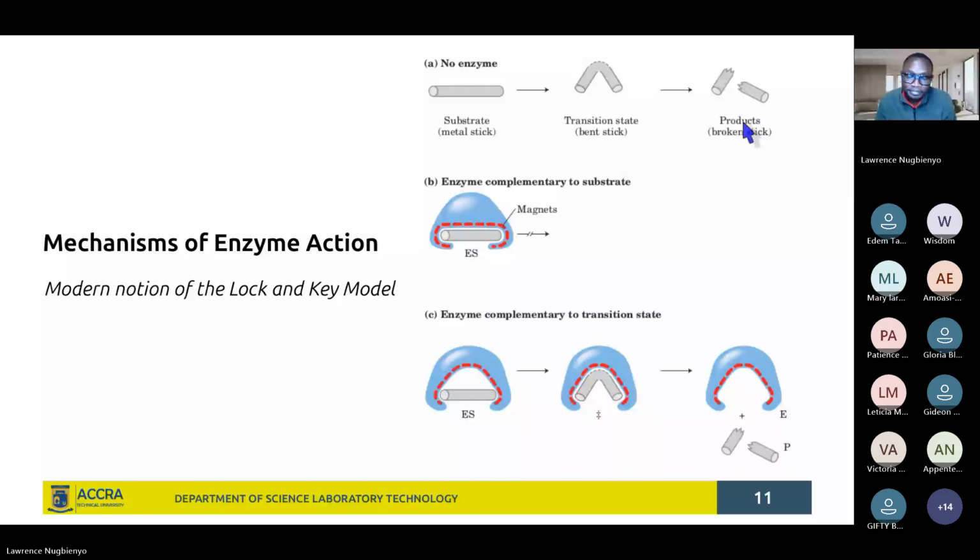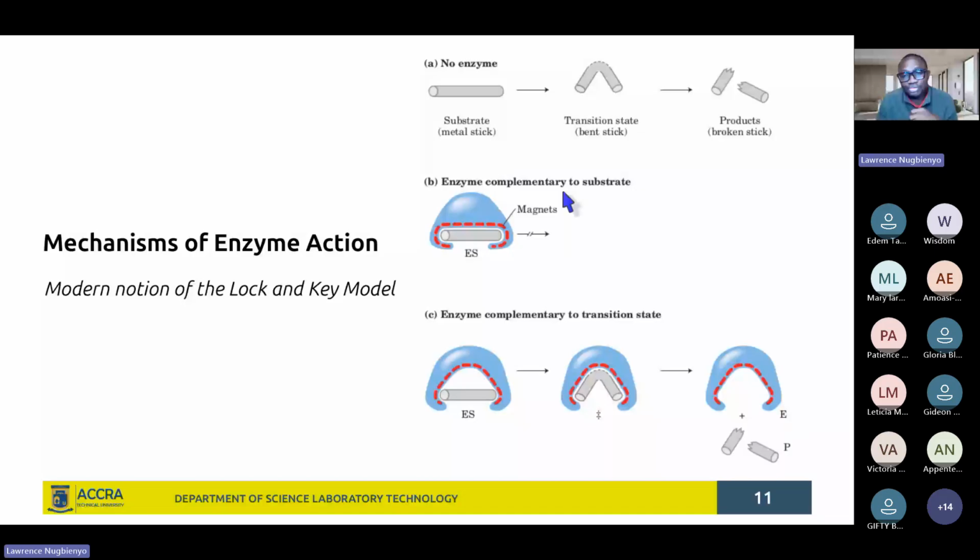Now, with the proposal from Fisher, what it means is that this metal stick, if we take the enzyme to be a magnet, because according to Fisher, the substrate fits perfectly to the enzyme.